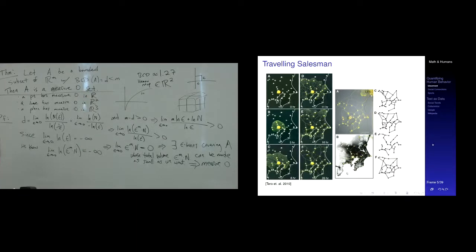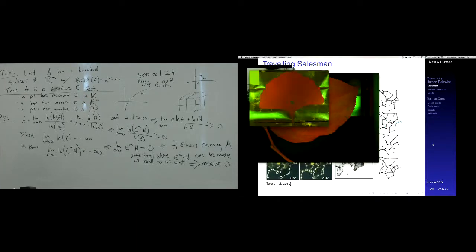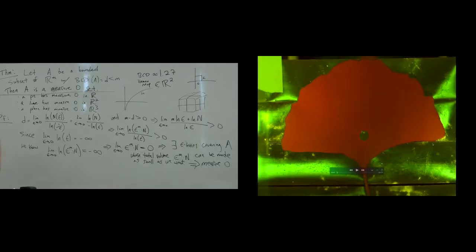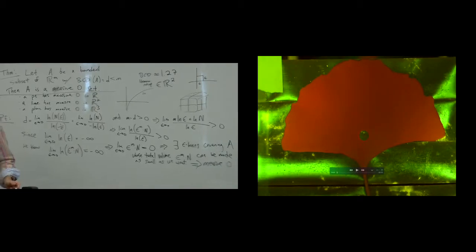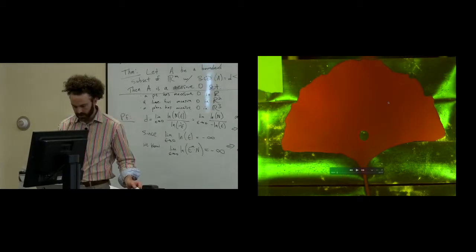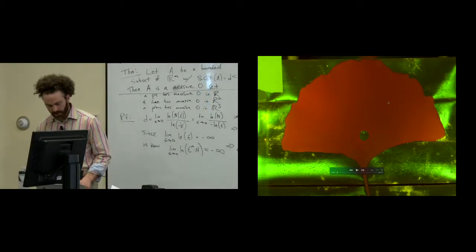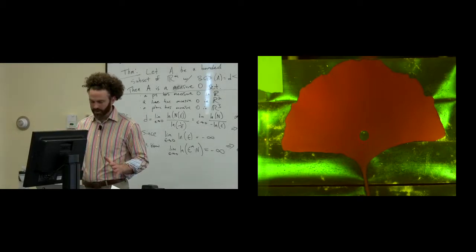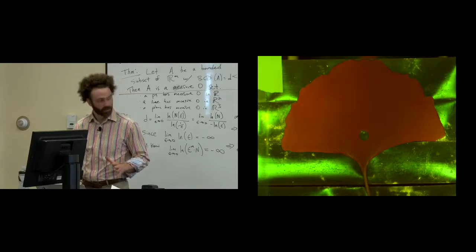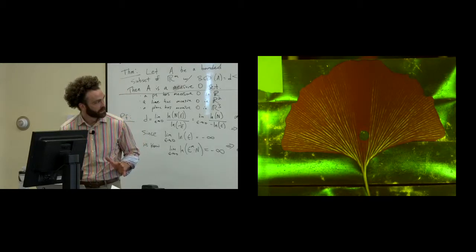But I have a couple other examples that I wanted to show you. So here's a leaf. I think this is a ginkgo leaf. And some horrible person has hole punched the ginkgo leaf to see what happens to nutrients when the nutrients get sent in.